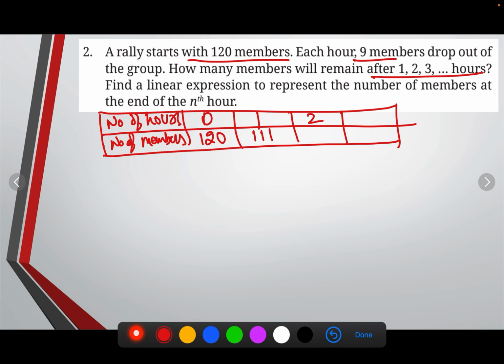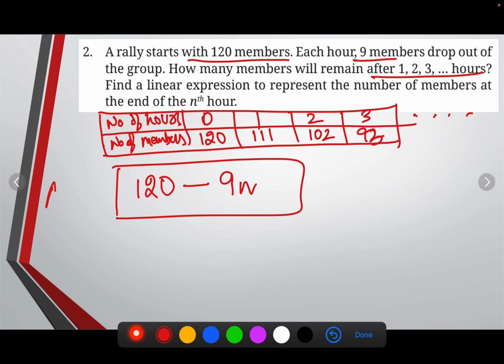Next, again minus 9, so 102. Next, again minus 9, so 93. In this way I can write it. So what will be the linear expression? The linear expression will be 120 minus 9n.